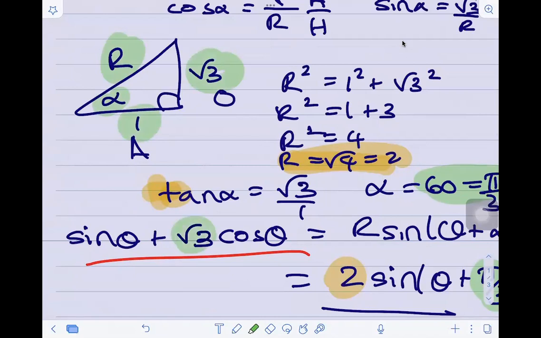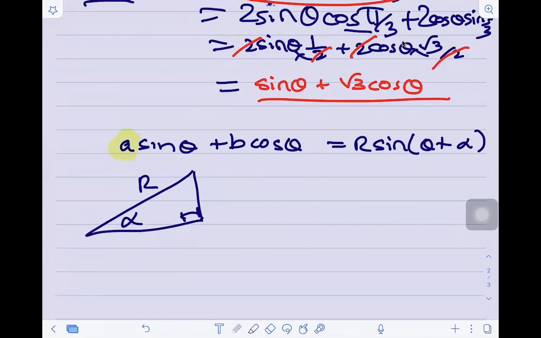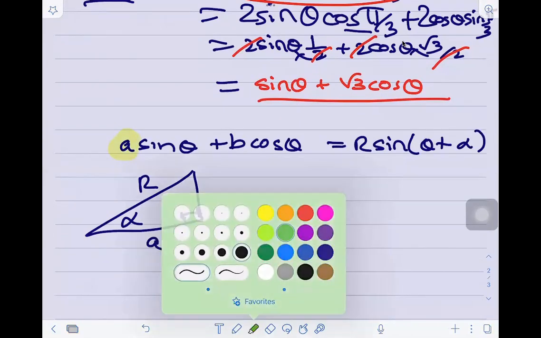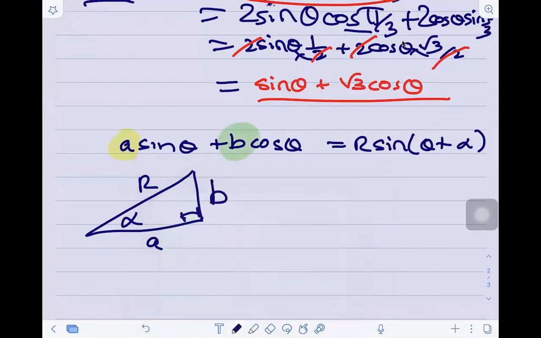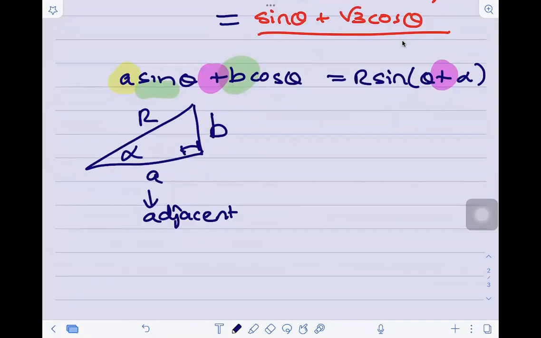So the root 3 was the thing here, and the 1 is the thing in front of the sine. So that thing in front of the sine is the a, that was the adjacent side, and this is the b. So the first thing always goes on the adjacent. Notice that sine keeps the same sign. So the sign that was in the middle is a plus here and here. So you just got to use that triangle.